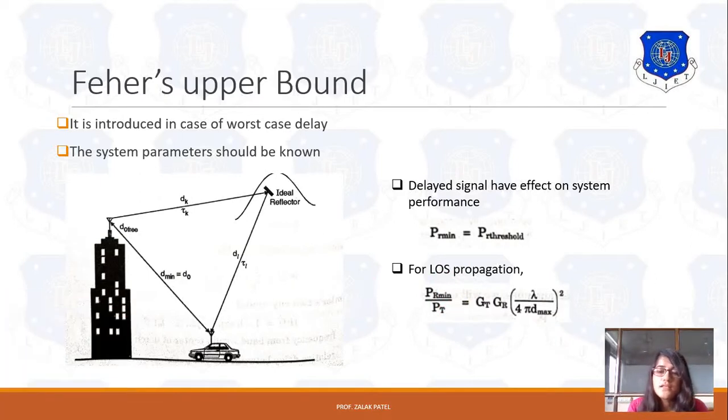If you put PR as subject, then PT will go this side. So PR is equal to PT GT GR lambda square upon 4 pi square d square. So this is actually the phase transmission formula, but over here we require this PR minimum, and that's why we put this equation like this.